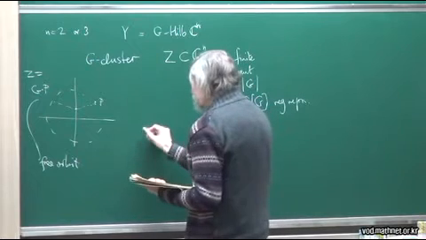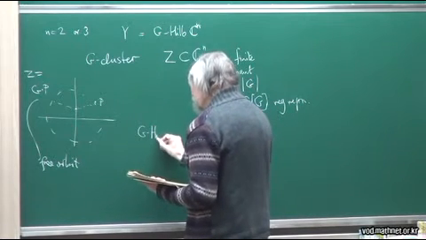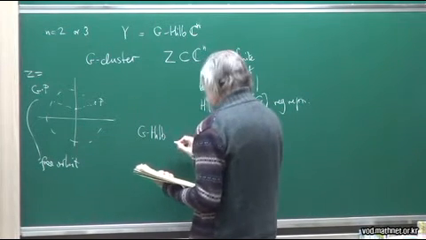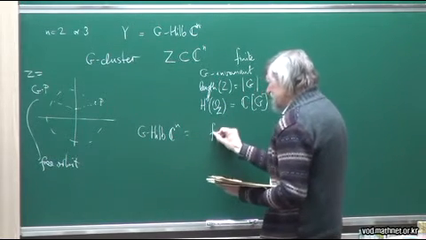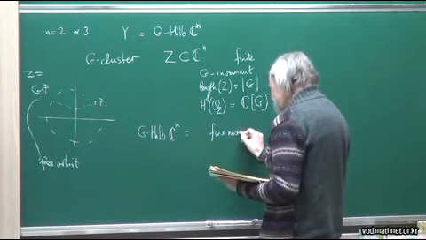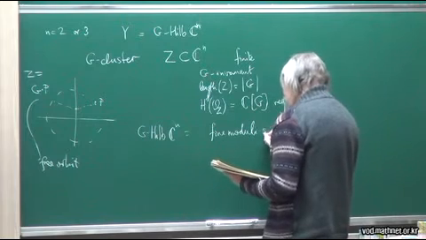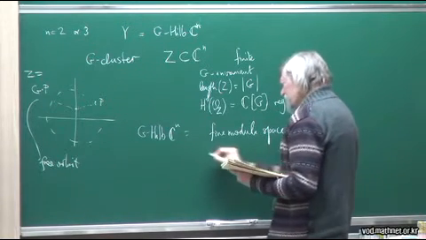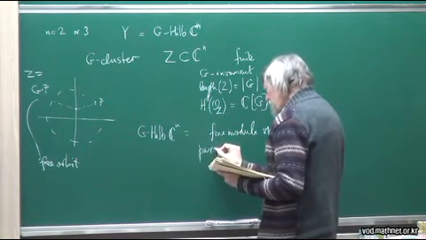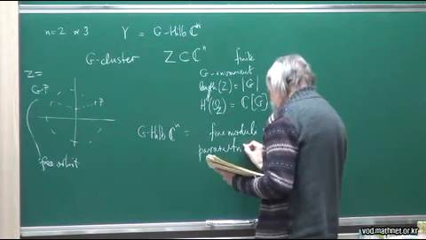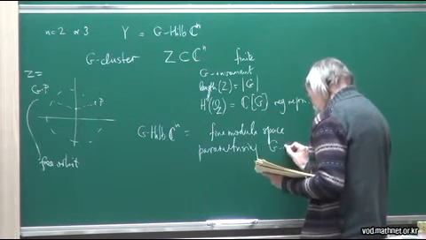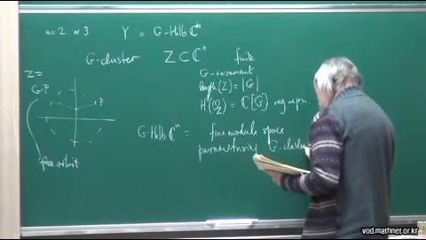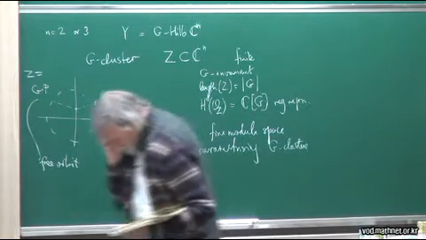And so G-Hilb of C^n is the fine moduli space parametrizing G-clusters.